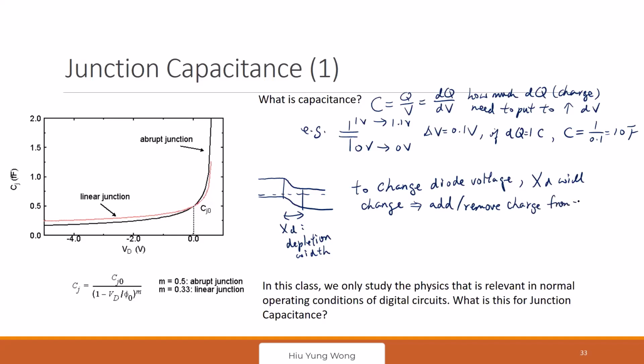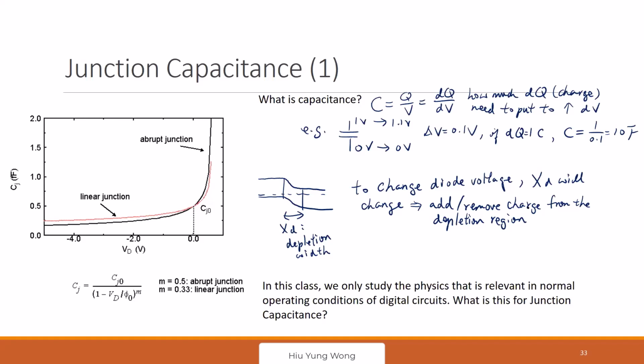from the depletion region. Sorry, my writing is really bad because I hurt my hand and also not writing on the screen. If you cannot see, let me know. Is this clear to you? Right? I need to increase and decrease the depletion width. So it means that I need to add or remove charge.